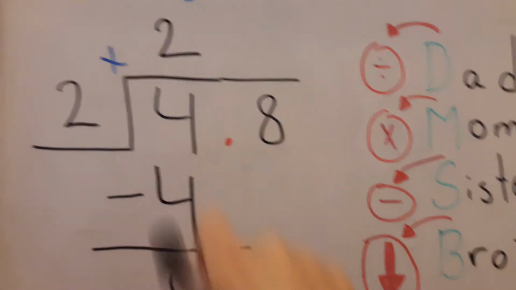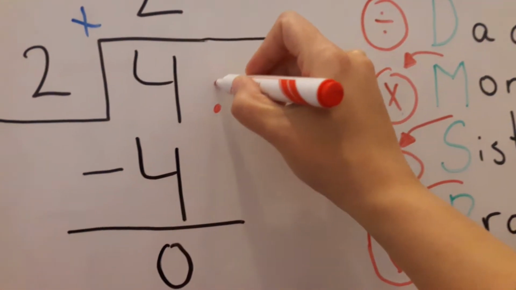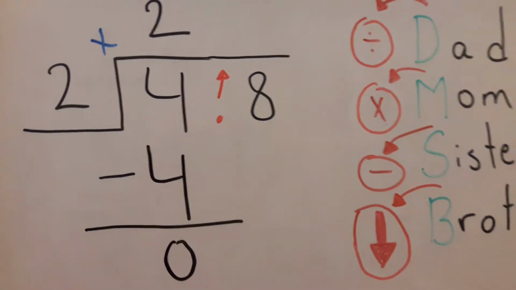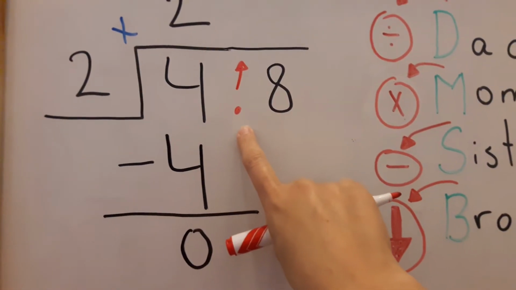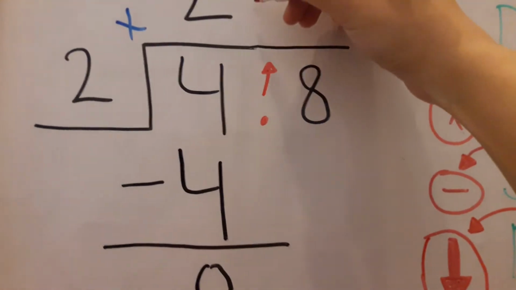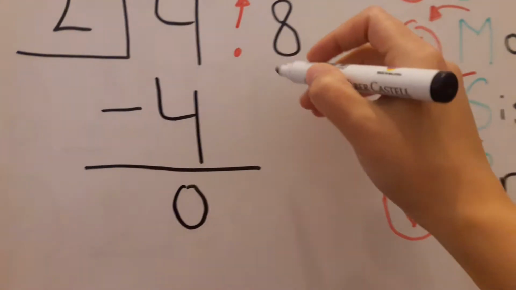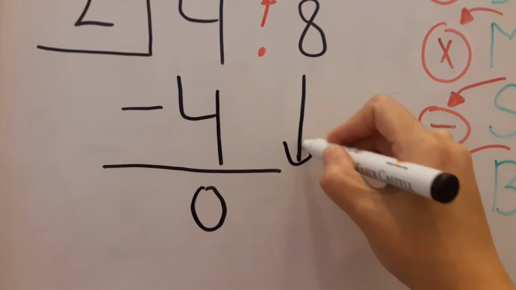Now, when you reach the decimal point, what you're going to do is bring the decimal point up. Okay, so this decimal point, when you reach it as you are dividing, bring it up, put it in the quotient. Then we bring the 8 down.